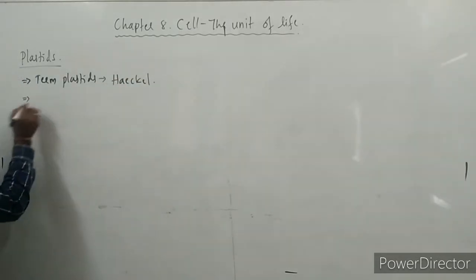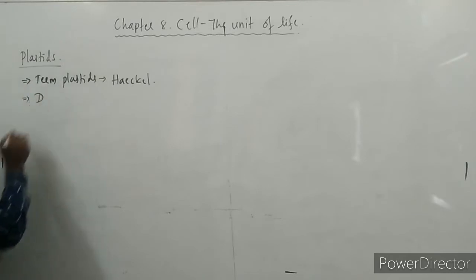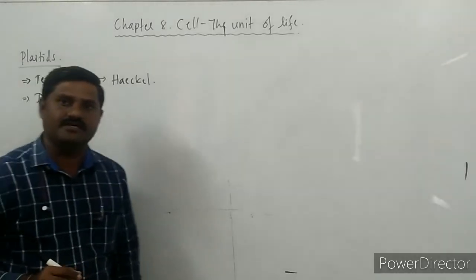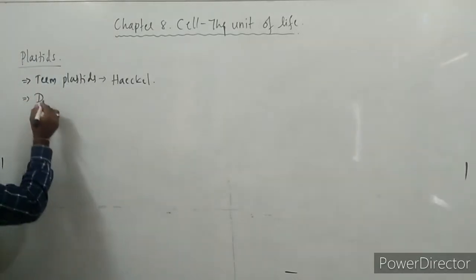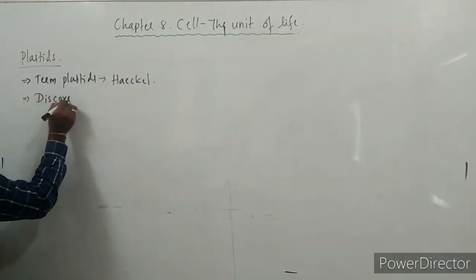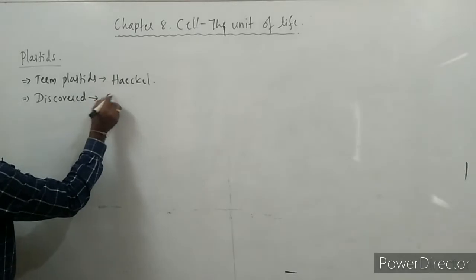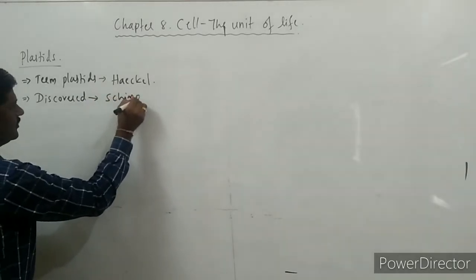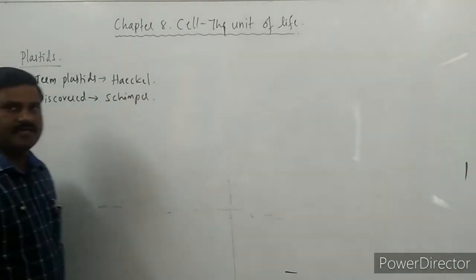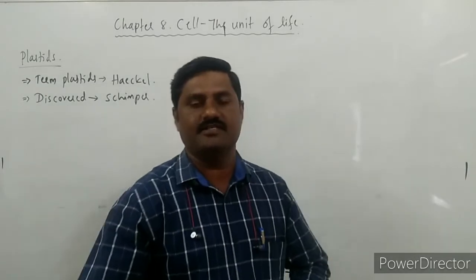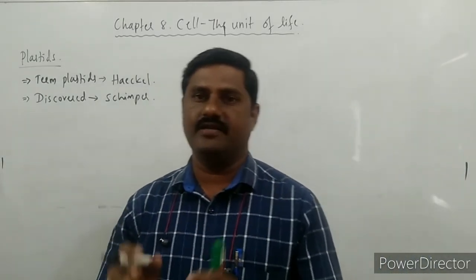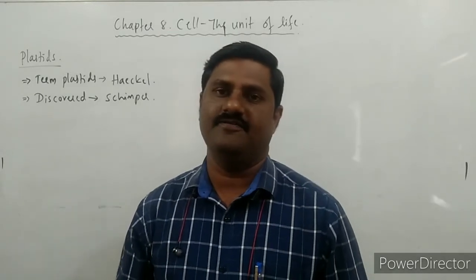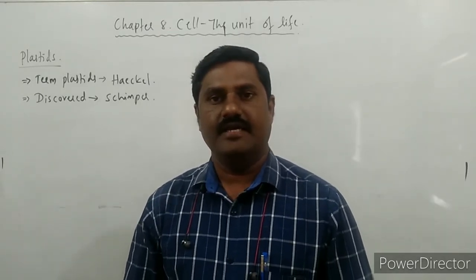And afterwards, these plastids were discovered in plant cells by another scientist, that is Schimper, right? They were discovered by Schimper, the one who discovered these plastids for the first time. And these plastids are available in almost all types of plants, right?